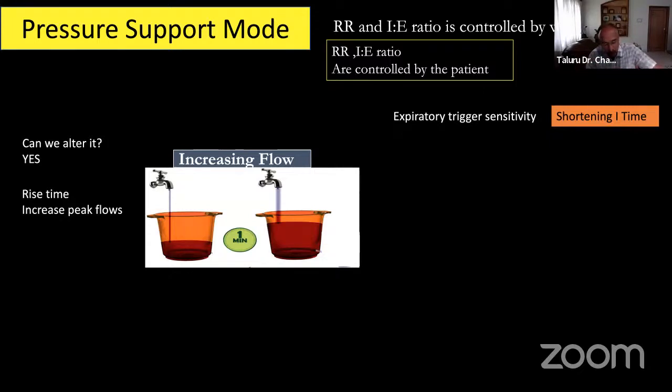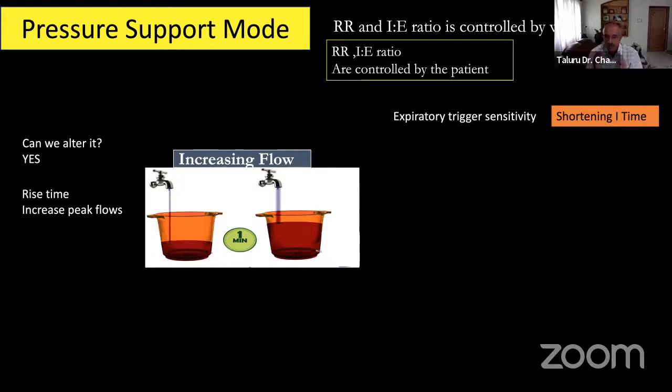On volume modes, you have to increase the peak flows to deliver the tidal volume in a shorter time, because you are increasing the flow. In pressure modes, it is the same, again peak flows, but somebody has called it rise time. So don't confuse. The ventilator again increases the flow, though it is called rise time.